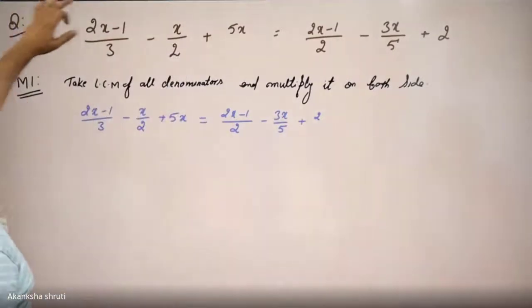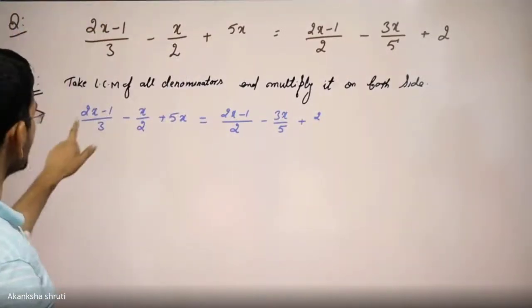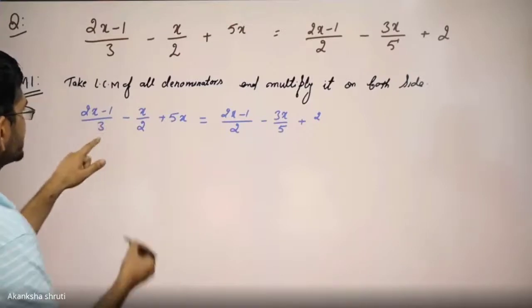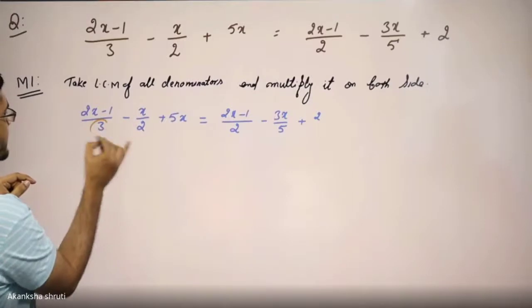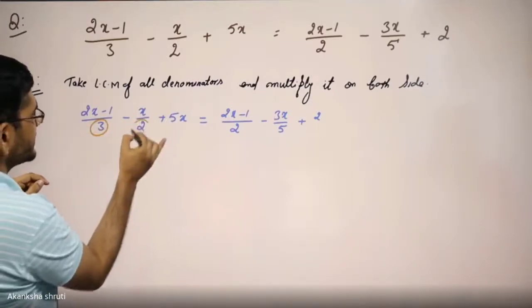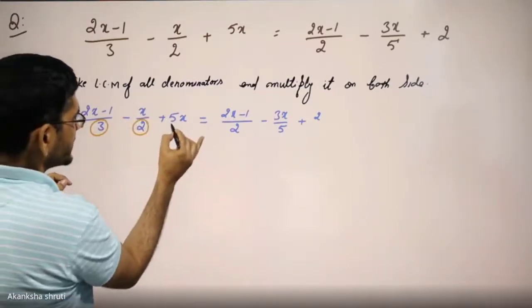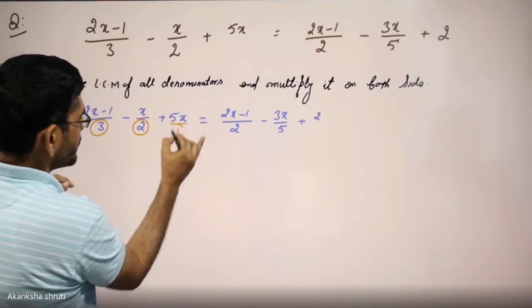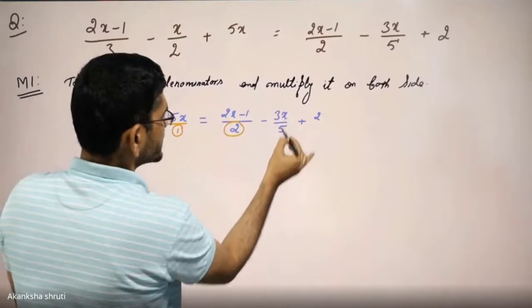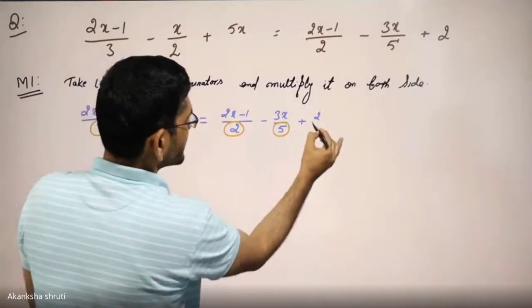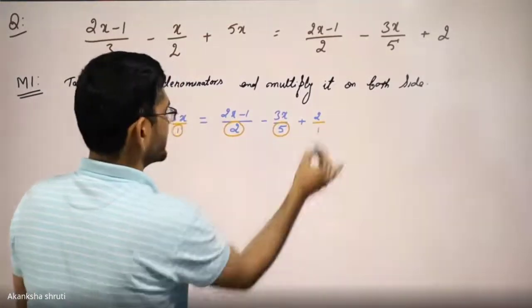Student, what are the different denominators? Observe, for the first term, 2x minus 1 by 3, it is 3. Another here, it is 2. Nothing is mentioned here, means it is 1. Coming to the next, it is 2. For this term, it is 5. Nothing is mentioned, it is 1.